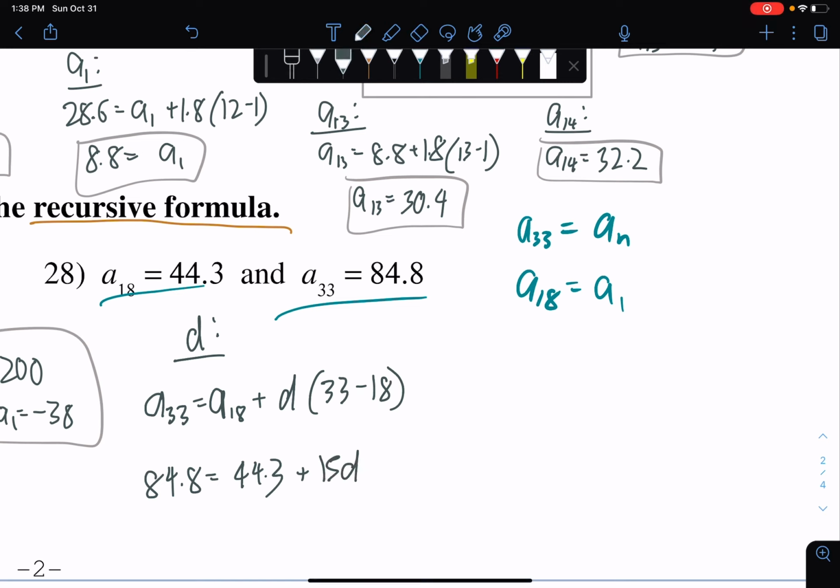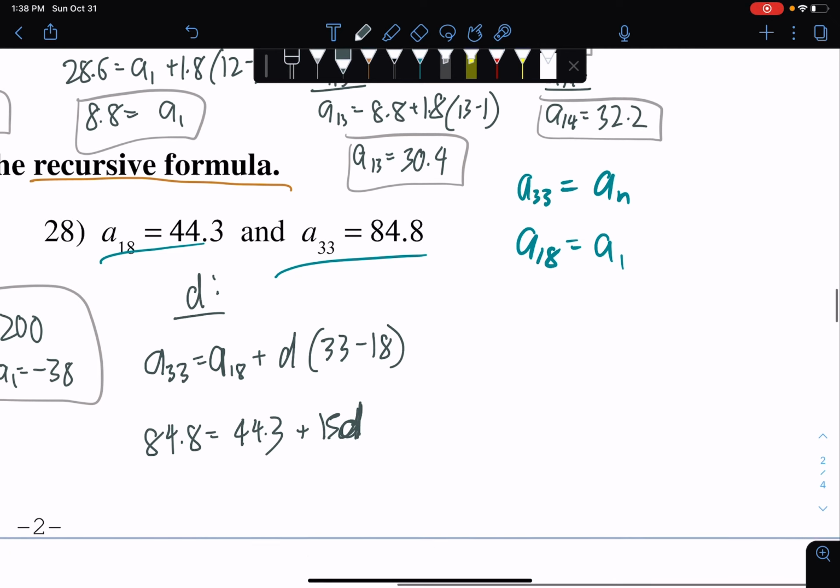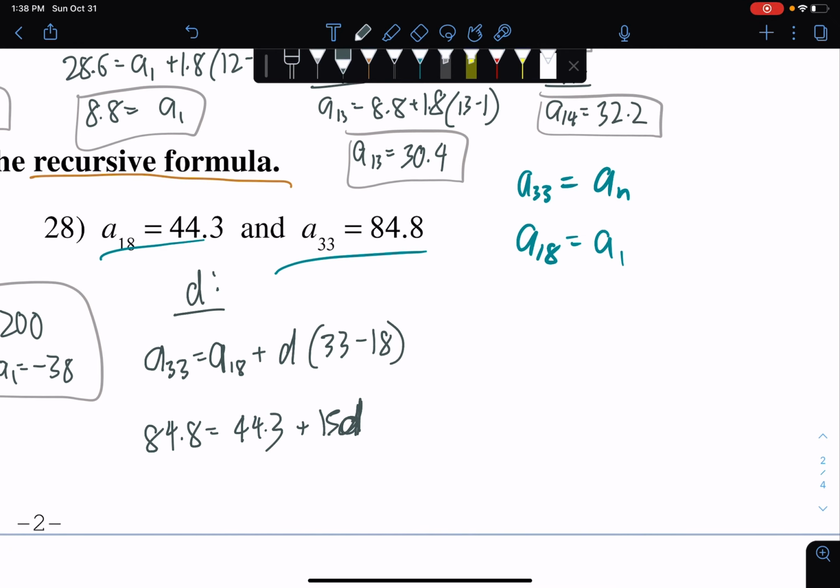I mean 15 only; we just place it with d because it's multiplication. Now, transpose 44.3 to the left side of the equation. 84.8 minus 44.3 is equivalent to 40.5. So 15d is equal to 40.5. Divide both sides by 15. d is equal to 2.7.